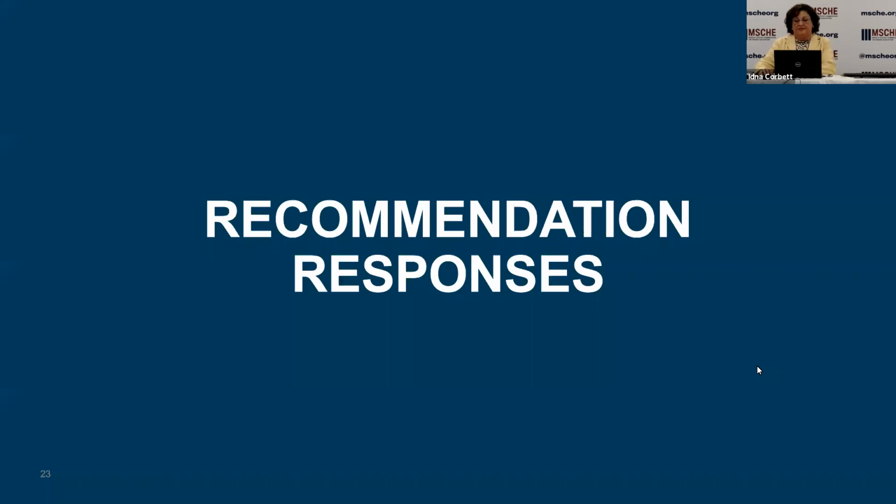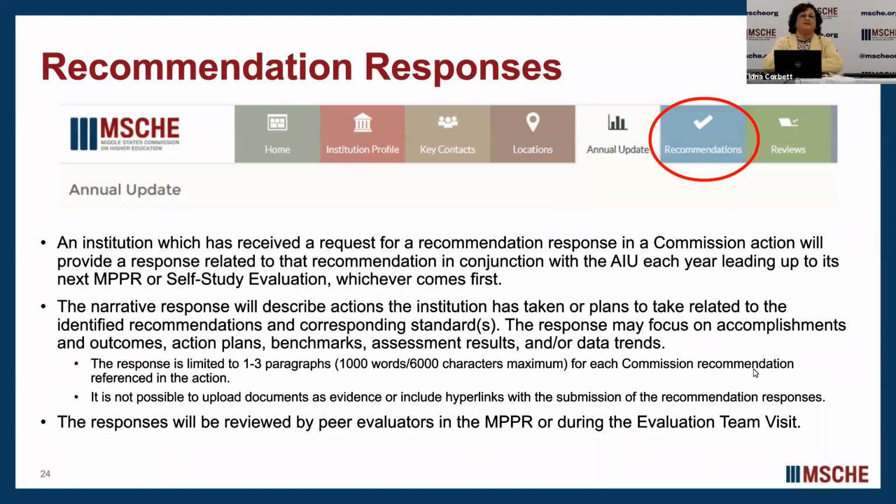I said I wanted to talk a little bit more about recommendation responses because this is the only type of follow-up that does not require the submission of a report. So when it is time for you to submit your annual institutional update, you will go to your institution portal, look at the bar across the top, and you will see recommendations as you see circled here in red.